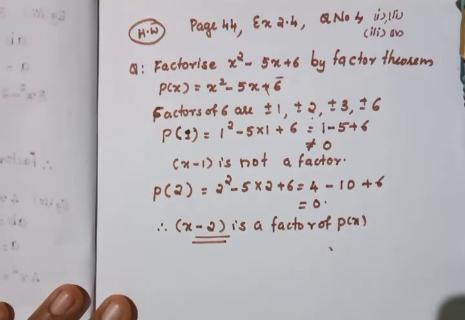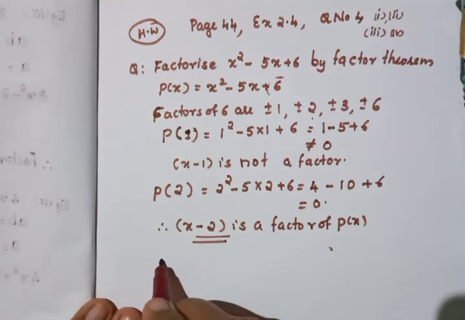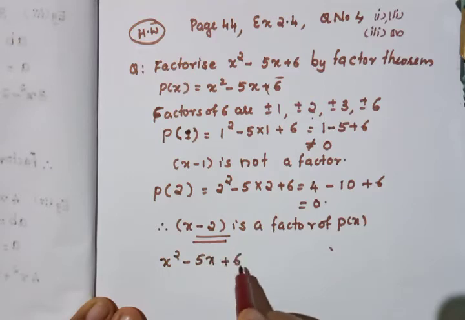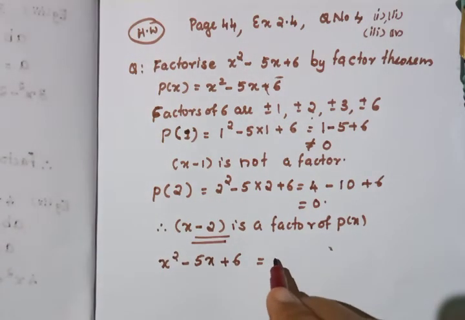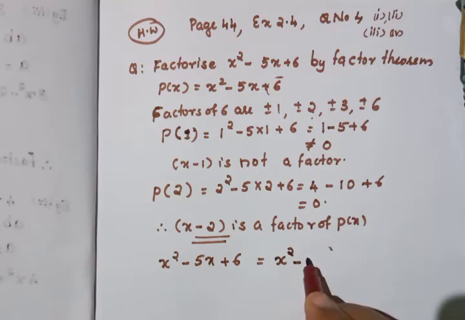Got it? And the same way, you just listen here. x square minus 5x plus 6. How do we split it? You understood x minus 2 is a factor of p of x. Correct? So see how I'm going to split this. x square minus, this 5x I'm splitting as 2x minus 3x.